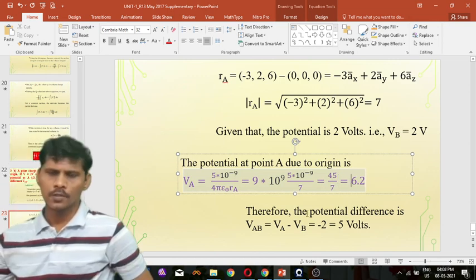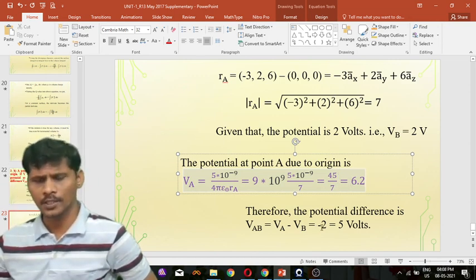Therefore the potential at point A is 6.2 volts.